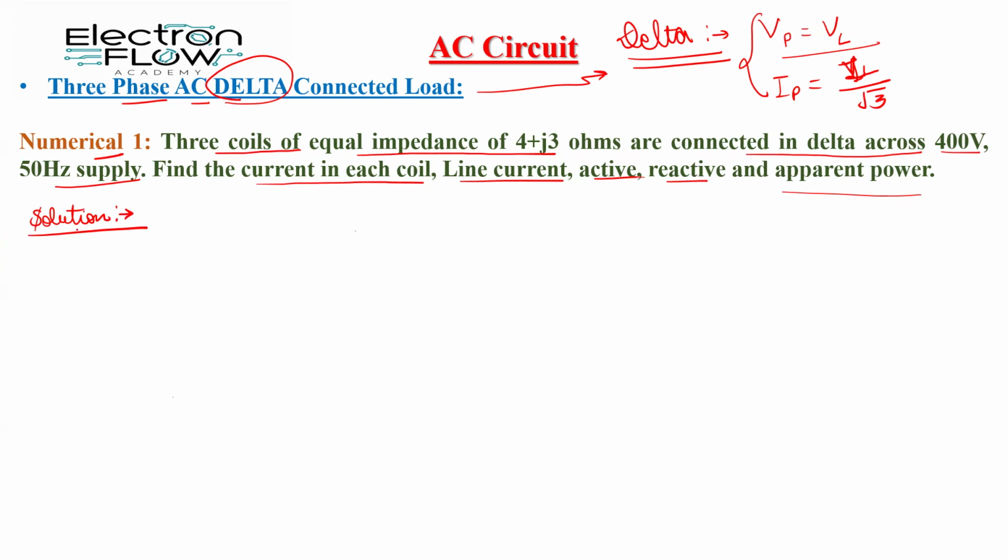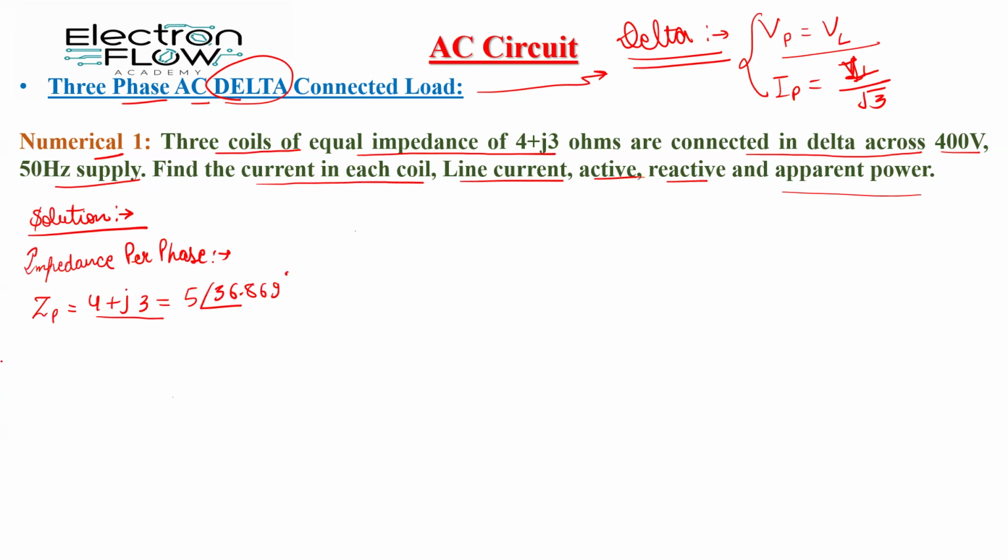Firstly, the impedance per phase is ZP equal to 4 plus j3. If I convert this rectangular form into polar, I get 5 at an angle of 36.869 degrees.